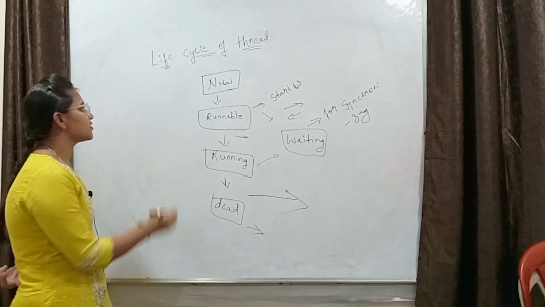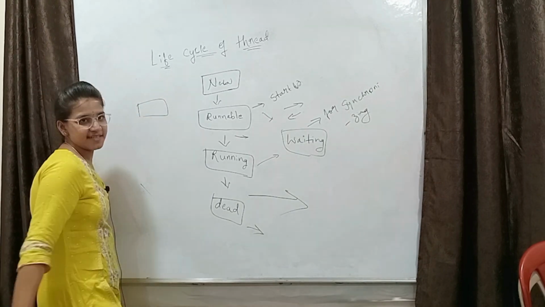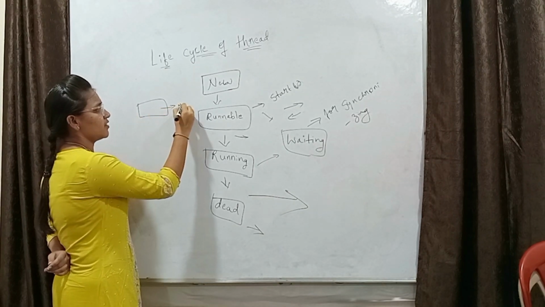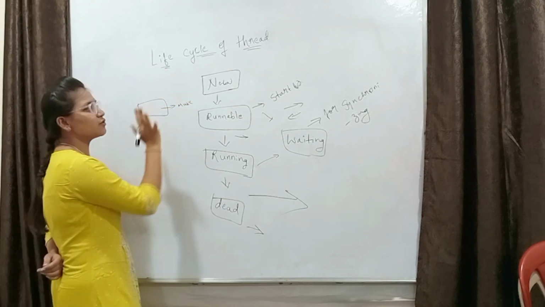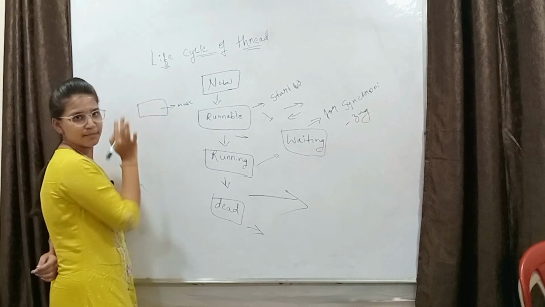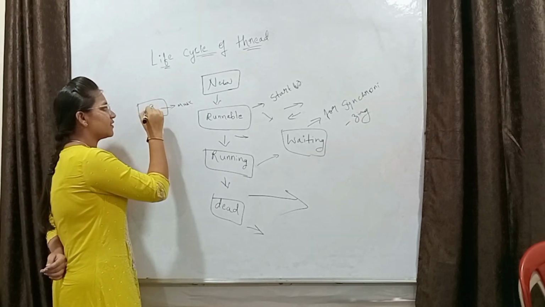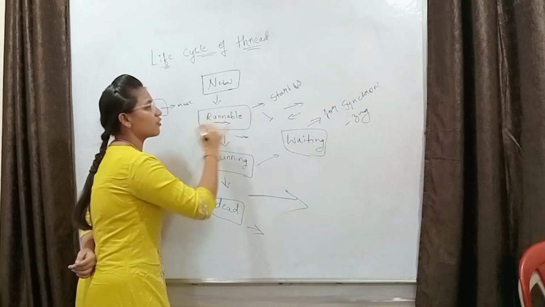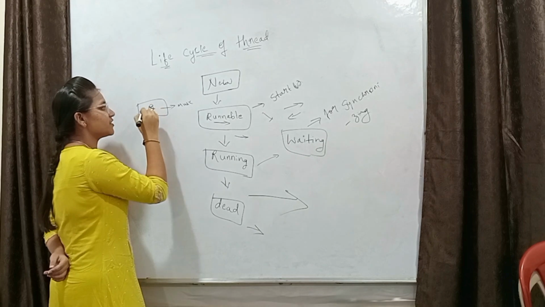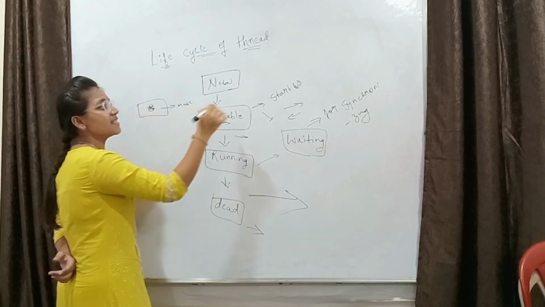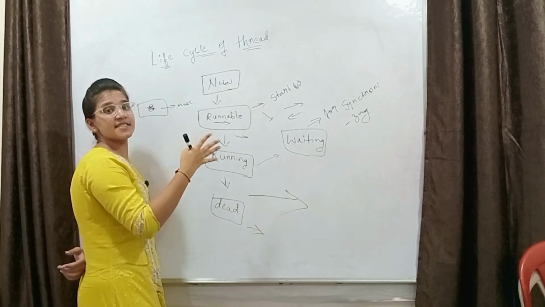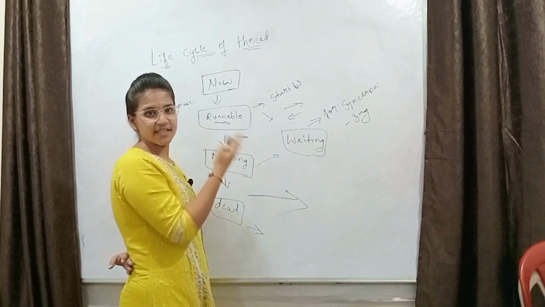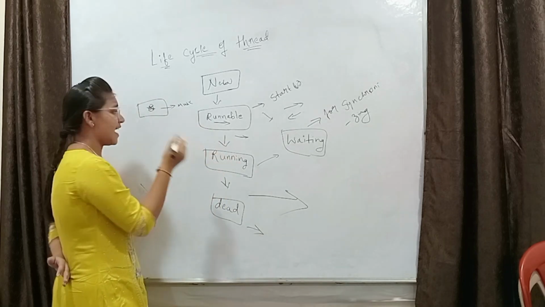For example, we are playing some music. We select the music which we want; that is the new state. When we click start, it will be in a runnable state, like calling the start method. Then it starts its operation and plays music.